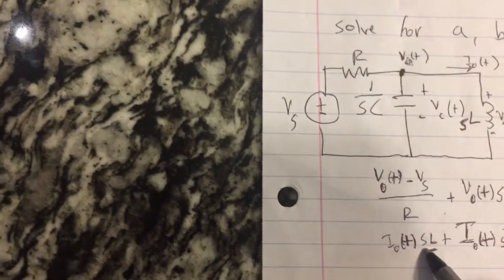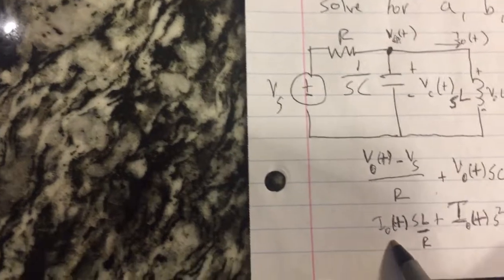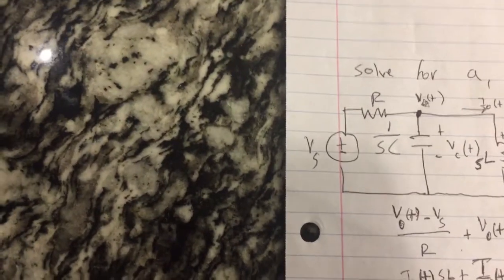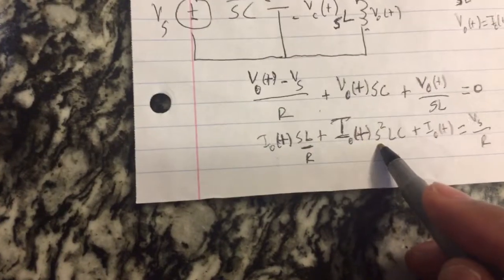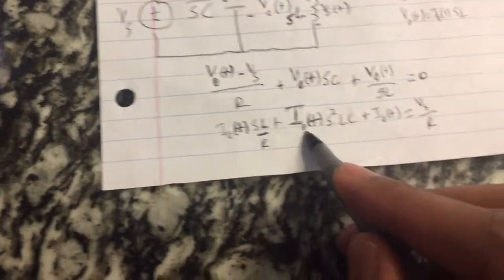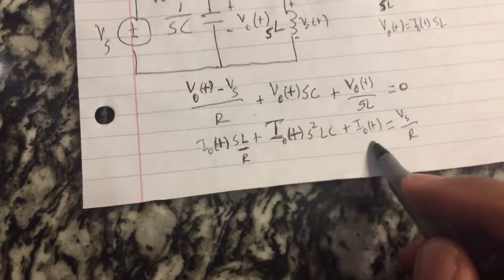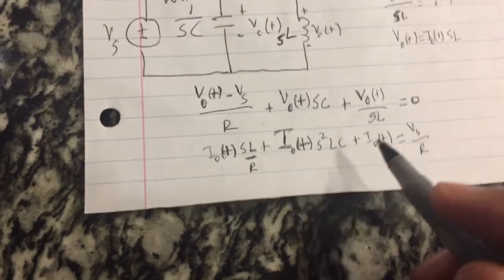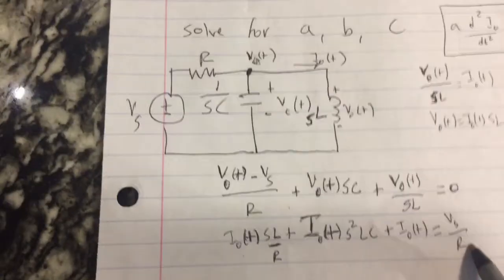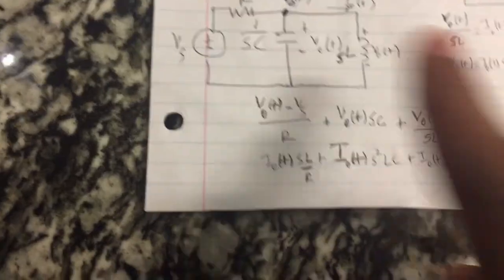So this is going to be the derivative of I_o of t times L over R. And then this is going to be the second derivative of I_o of t times LC. And on the right here, you get Vs over R. You have to isolate it to the other side.